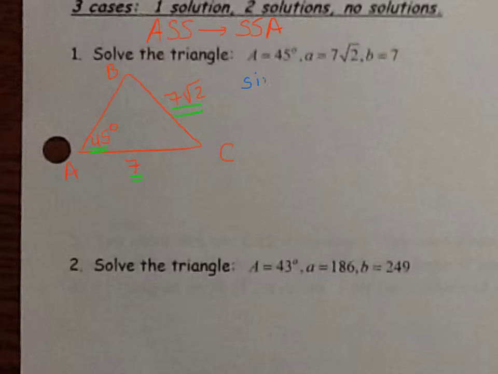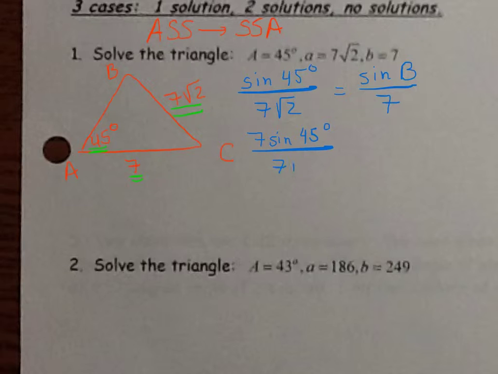Sine of 45 degrees, so sine of A over side A, which is 7 root 2, equals sine of angle B, meaning we don't know the angle, over side B, 7. Then if you do a little bit of cross multiplying, here's what I get. 7 sine 45 degrees over 7 root 2 equals sine B.